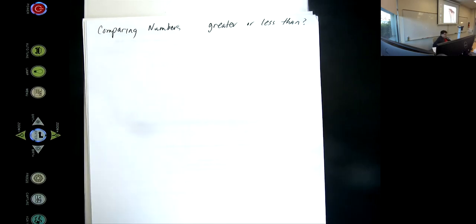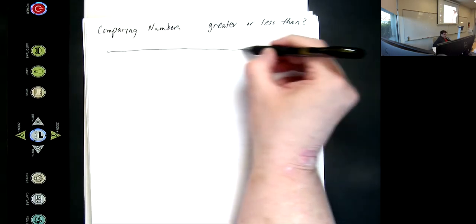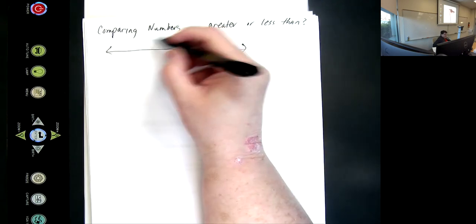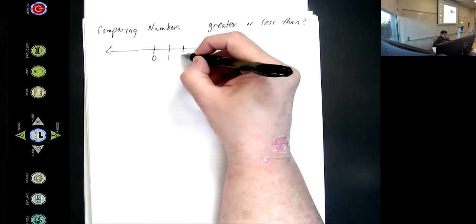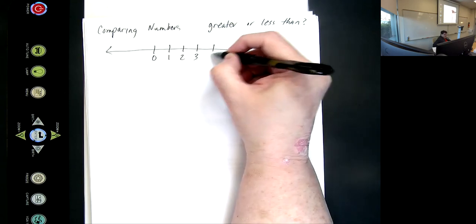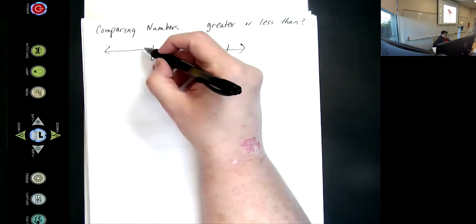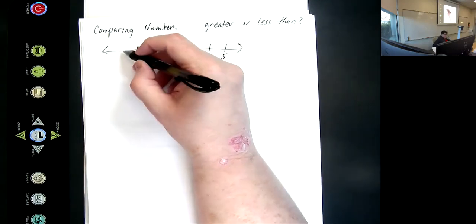So generally when we're comparing two numbers, you can make a number line. Normally we have numbers going to the right go up in a positive amount, and numbers that go to the left decrease.